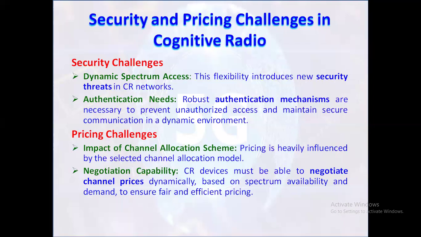The pricing model can vary based on how channels are allocated and managed. Additionally, CR devices must be equipped with the ability to negotiate channel prices dynamically, adjusting based on real-time availability and demand to ensure that pricing is both fair and efficient, ultimately optimizing the use of spectrum resources.